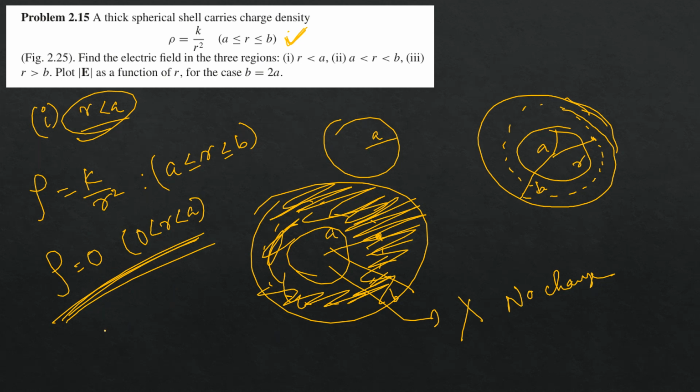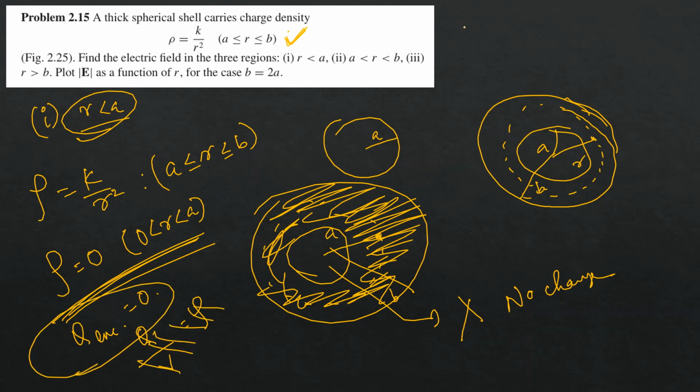So if charge density is zero, then Q enclosed will be zero, because Q by V is your charge density, charge by volume, volume charge density. So Q will be zero. If Q is zero, then E dot ds is Q enclosed by epsilon naught, so E is 0. So the electric field in the R less than A region is 0. Is that correct?